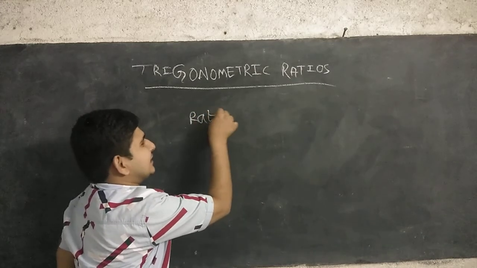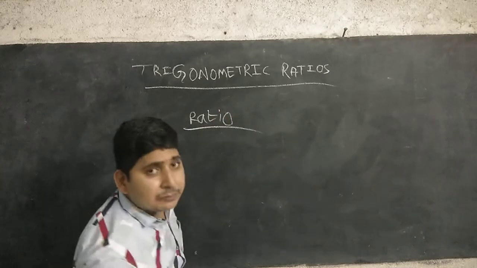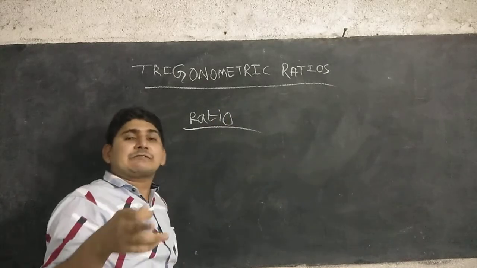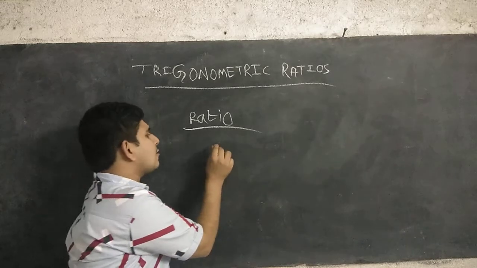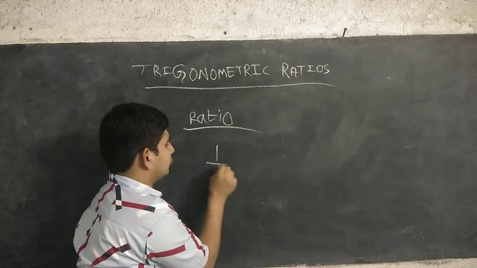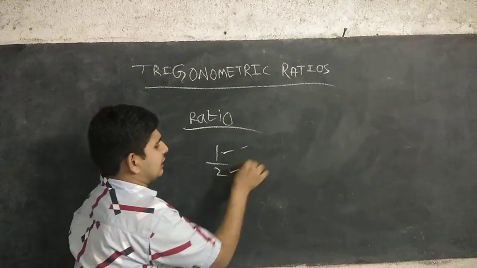What is a ratio? Comparing two different quantities is known as a ratio. That is 1 by 2. This is one quantity, this is another quantity.